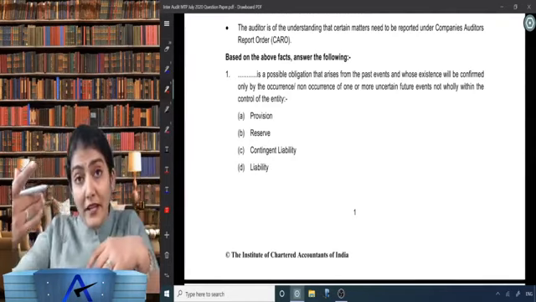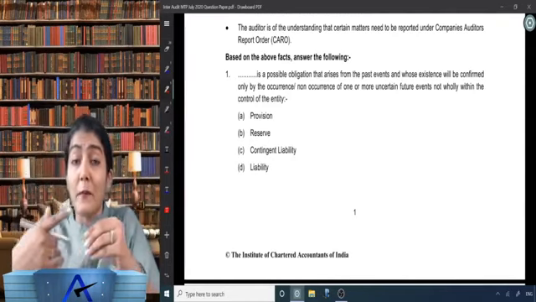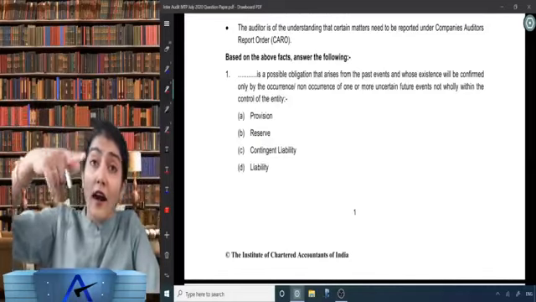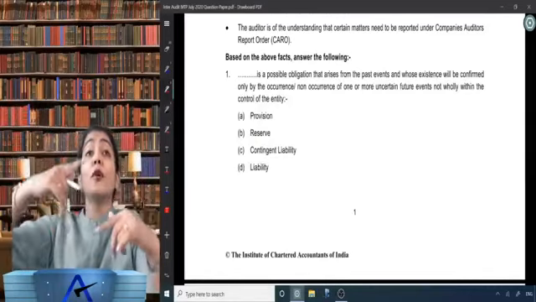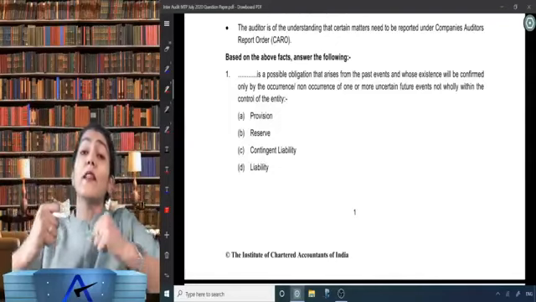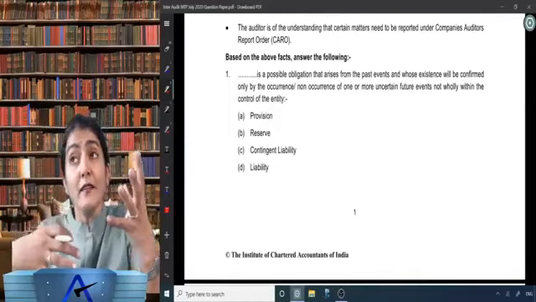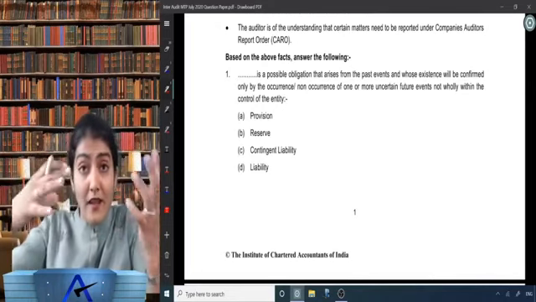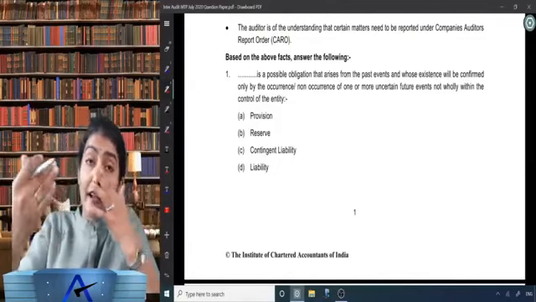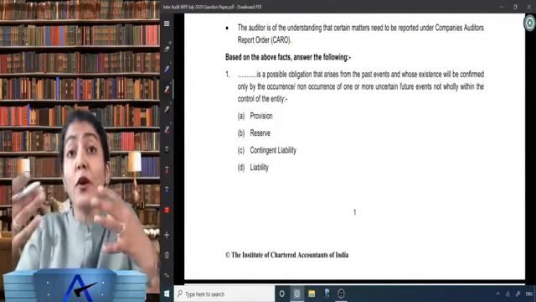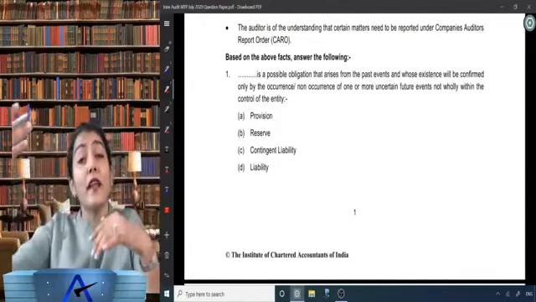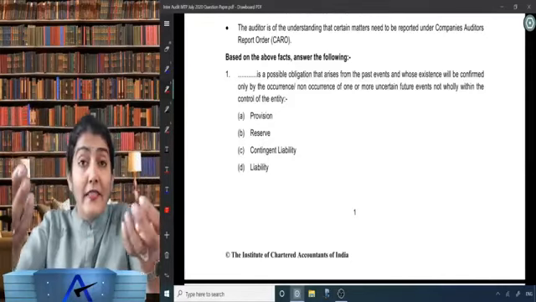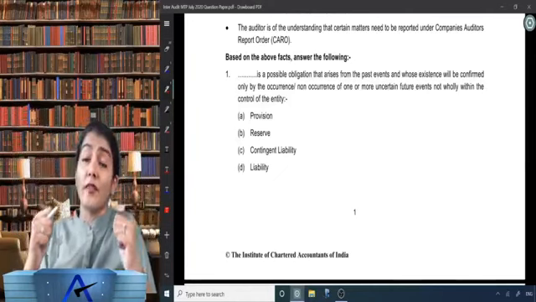So it is beyond the control of the entity, and whether that obligation will come or not come depends upon the occurrence or non-occurrence of one or more uncertain future events, and that too not wholly within the control of the entity.